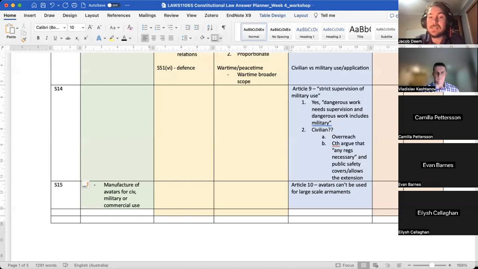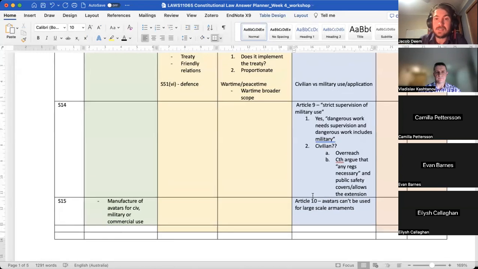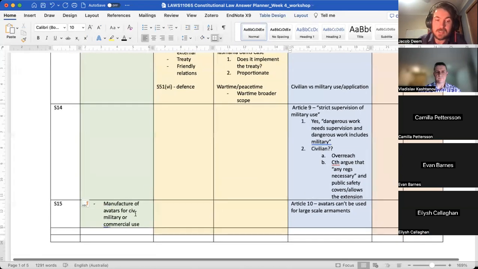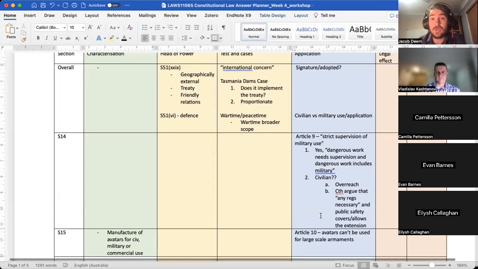And so there's an inconsistency here. So we would have a lot of trouble arguing that section 15 implements the treaty at all, because there's this severe inconsistency between what section 15 is trying to do and what Article 10 aims to try and prevent.